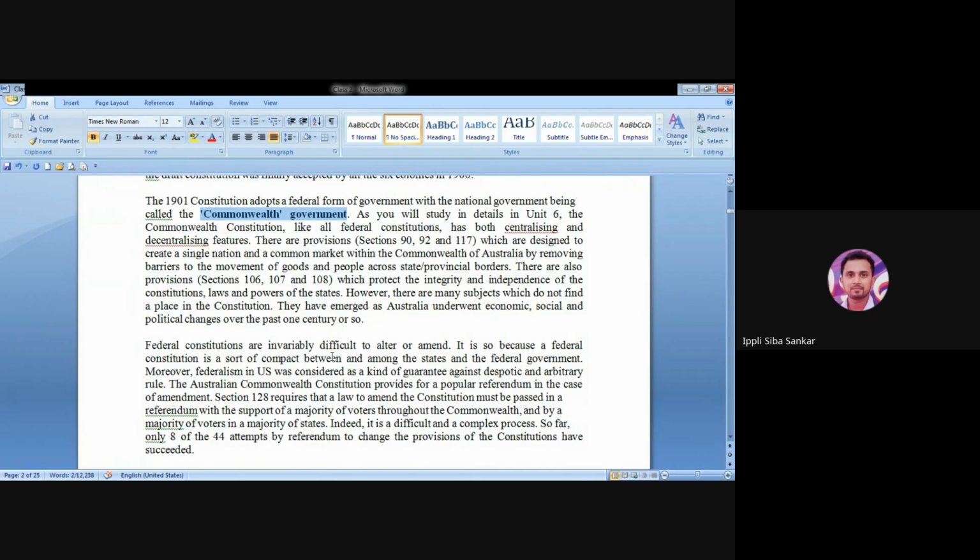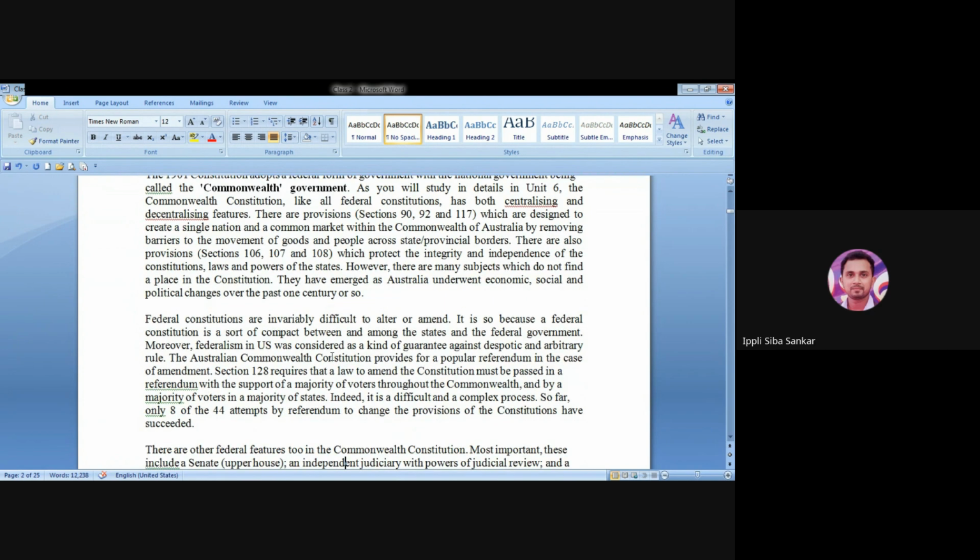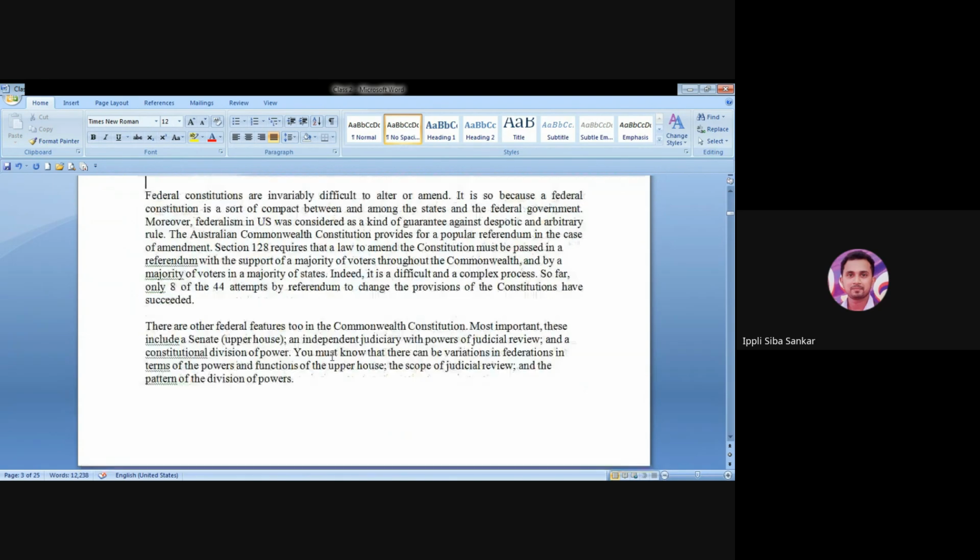There are different types of provisions. Federal constitutions are invariably difficult to alter or amend. It is so because the federal constitution is a sort of compact between and among the states and the federal government.